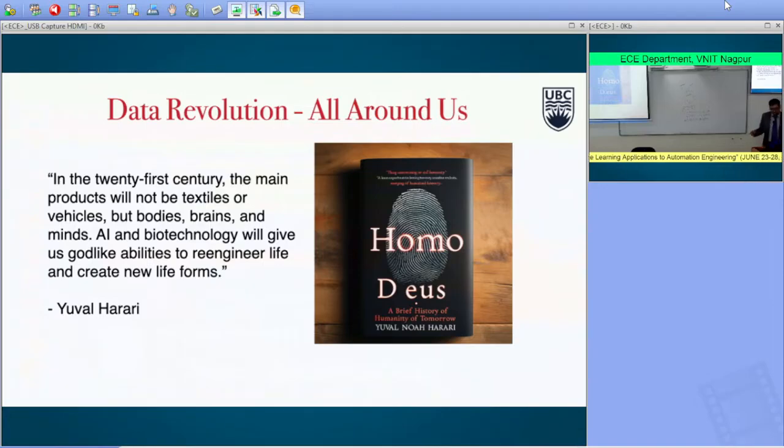And his second book, the book that followed *Sapiens*, was *Homo Deus*. And this book talks about the future, the next 300 years. And he says in the book, in the 21st century, the main products will not be textiles, vehicles, but bodies, brains, and minds. AI and biotechnology will give us godlike abilities to re-engineer life and create new life forms. Right? So he's sounding very optimistic there.